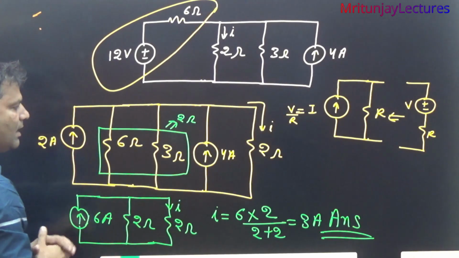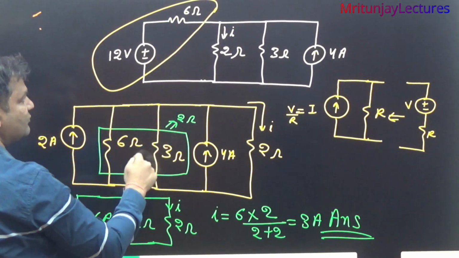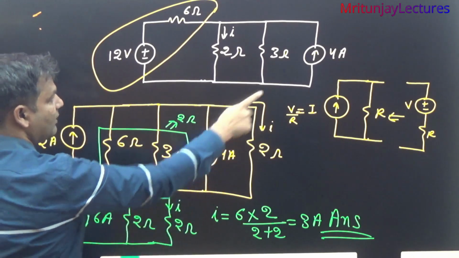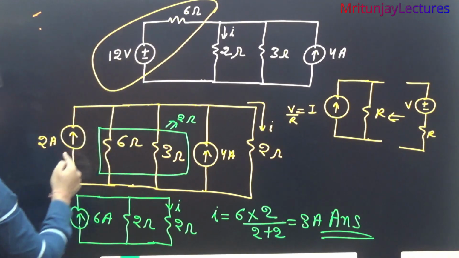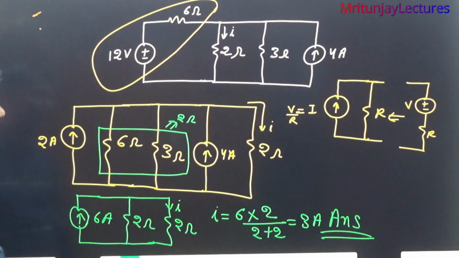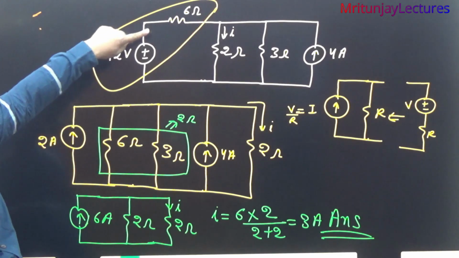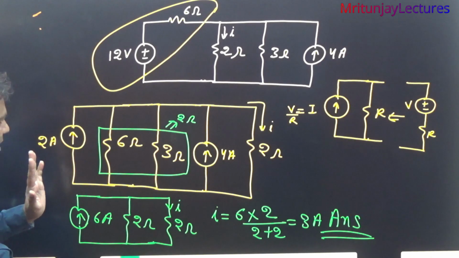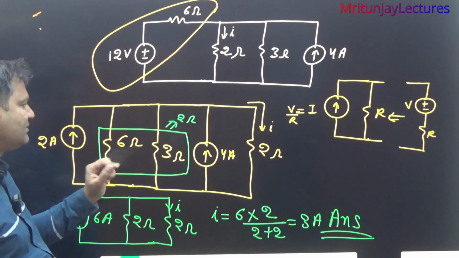After that, that is 6 ohm, here 3 ohm, here 2 ohm, here that one is 4 ampere and that one is 12 by 6, that is 2 ampere. Basically this one is converted like that, that is 12 by 6, 2 ampere, and that one 6 ohm.